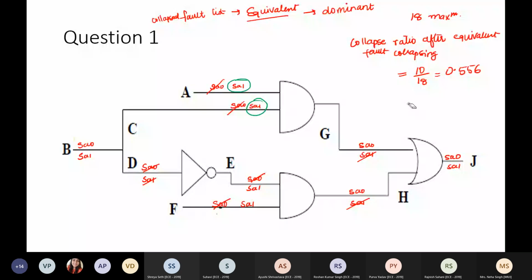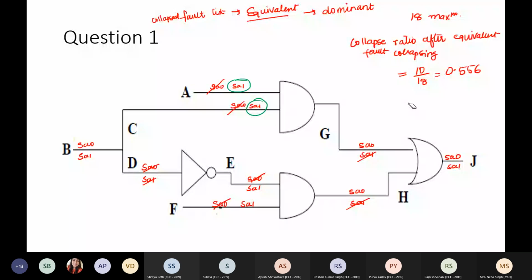Now we'll work on this gate. For an OR gate, if I have my input stuck at 0, it means the actual value should be 1, and the faulty value is 0. So this is fault D. This D will propagate only if the other input is 0. So the test pattern becomes 1, 0.